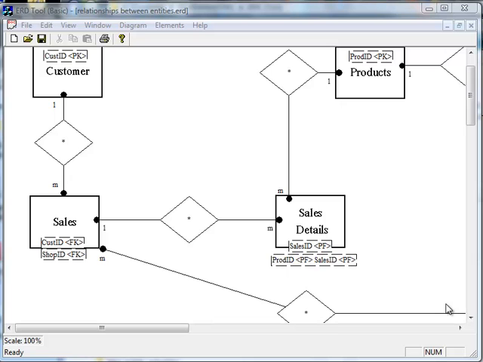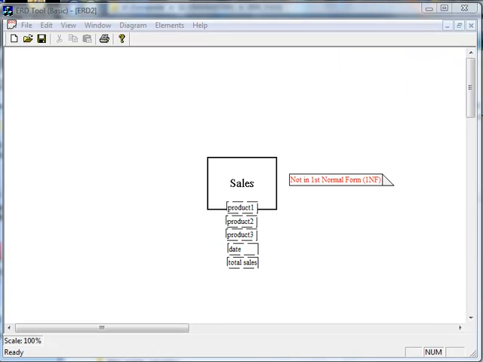But what we had before was, inside sales, we had the quantity sold. That is, we knew how much was sold. Let's go back to this, the total sales.